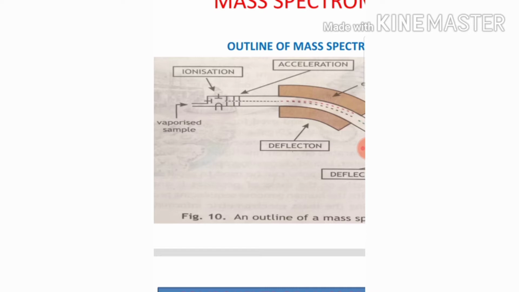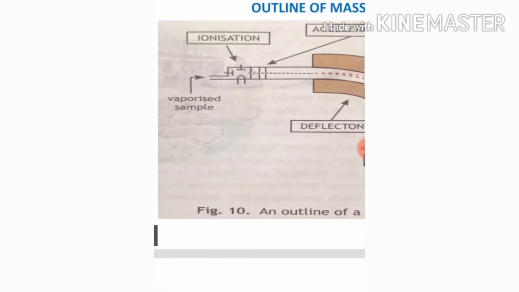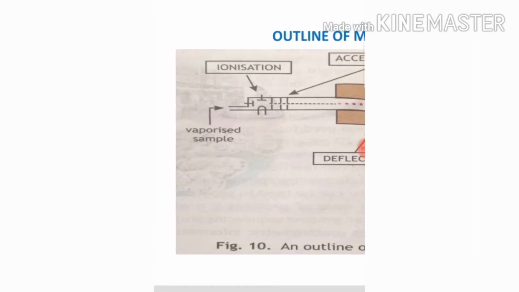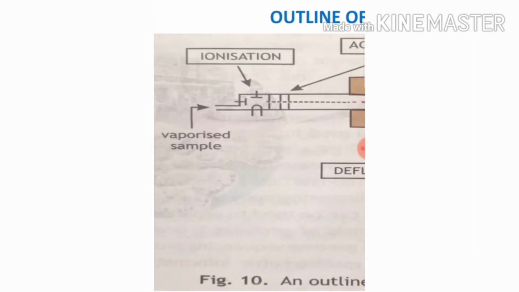First, we prepare the samples in condensed liquid form, then put them on a solid surface, that is the matrix. When we apply a laser beam, there is a formation of charged ions.